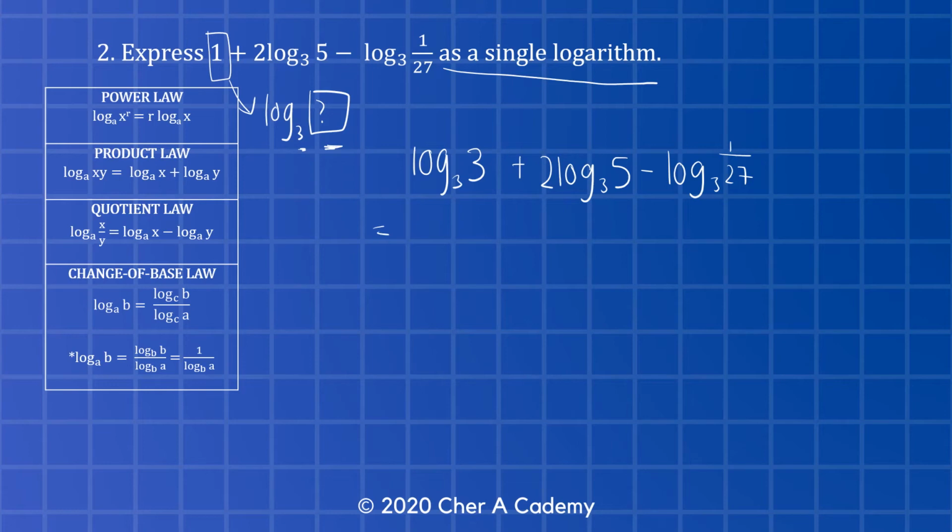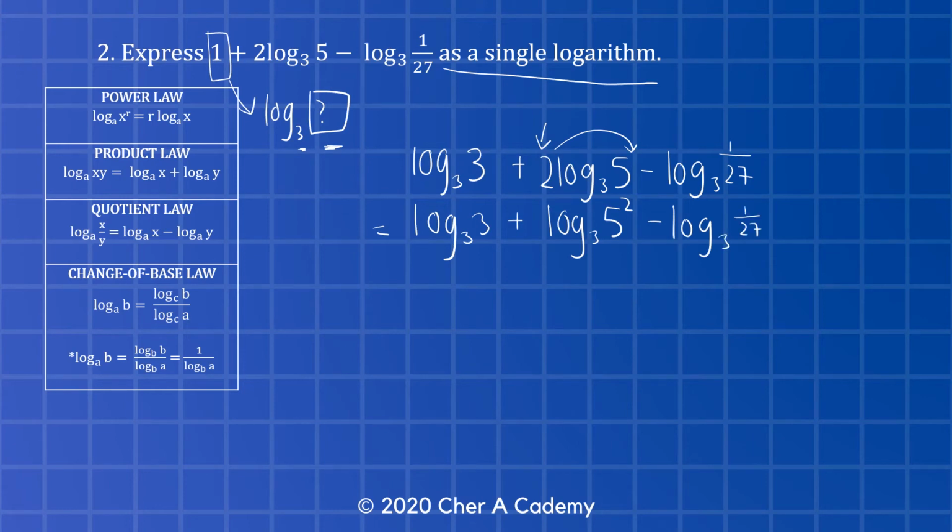Okay, so now my 2 is in front of my log, so I'm going to shift it into the log by using the power law. So log base 3 5, my 2 comes over here to be the power, minus log base 3 1 over 27.